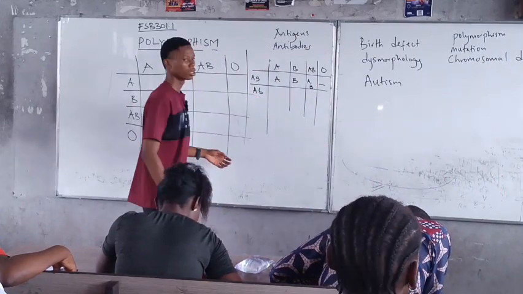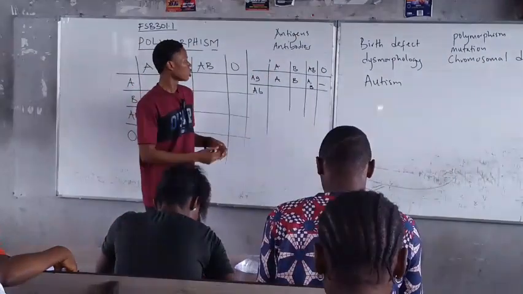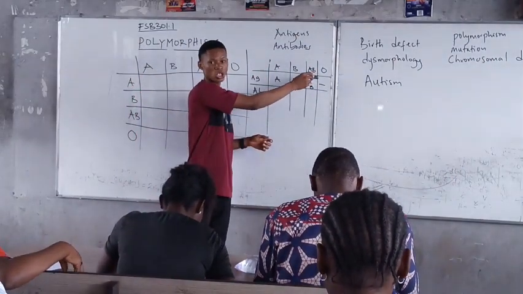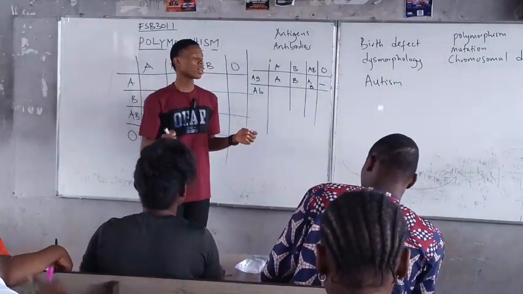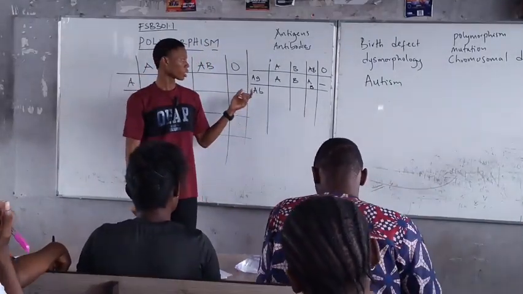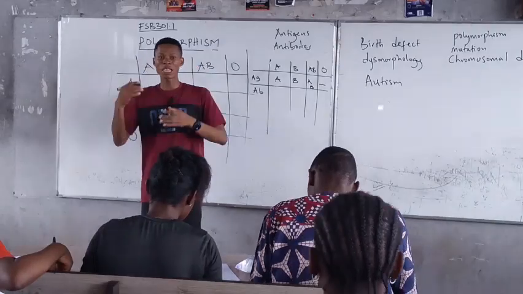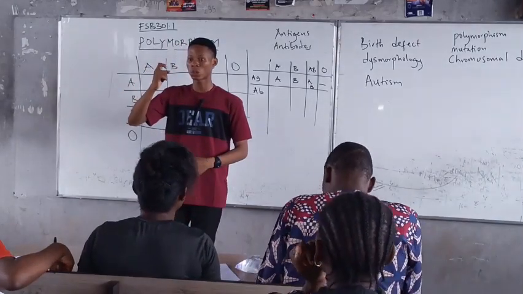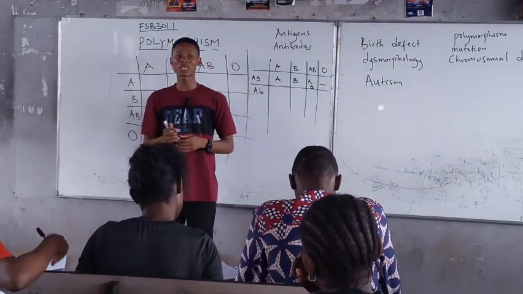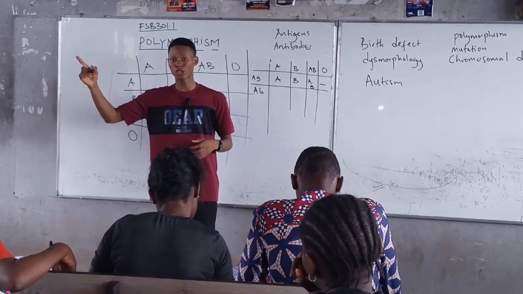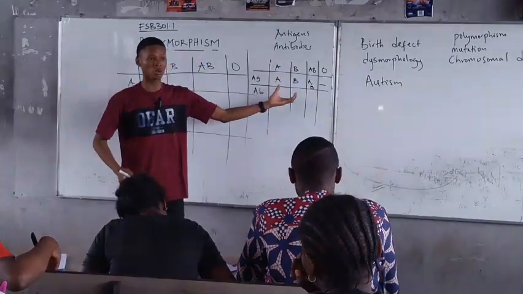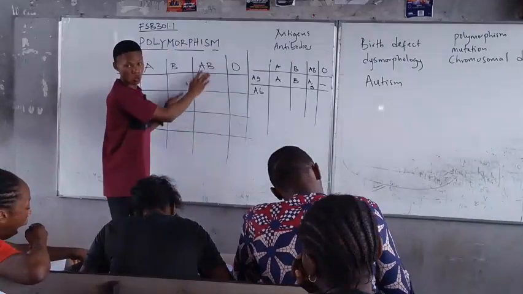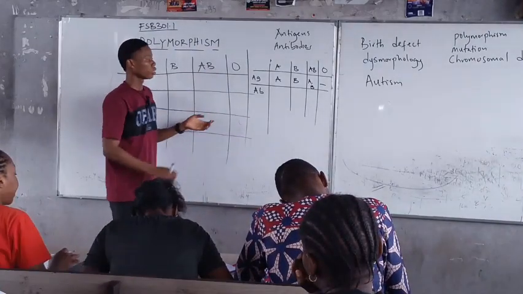Alright, so I said somebody of blood group O, there's no antigen on the red blood cell, right? Now another thing we need to note is antibodies. We say antibodies fight against antigens, is it not? Now one thing we need to note about antibodies is they are specific in action. Please understand this. If you understand what I'm saying here, this one will be easy.